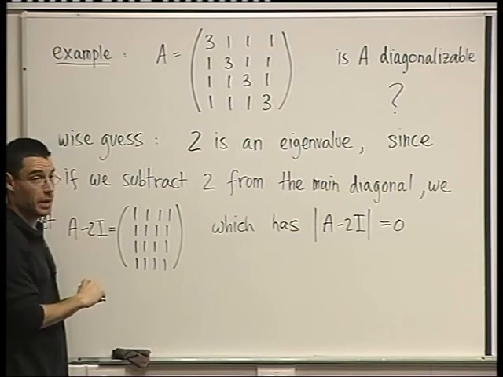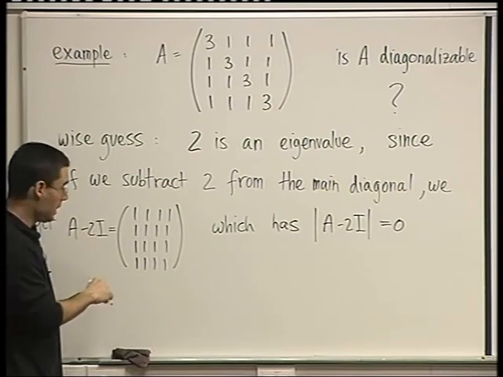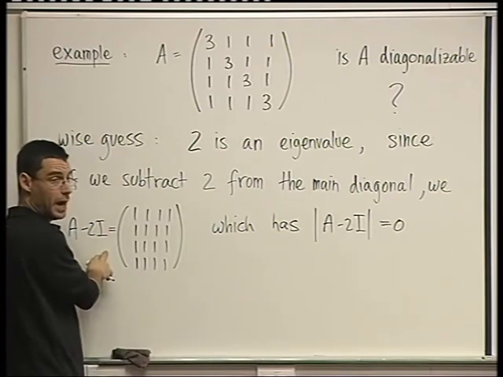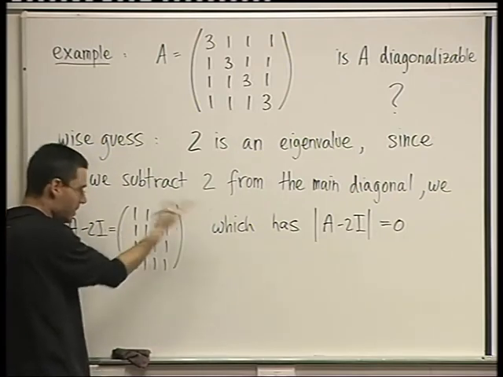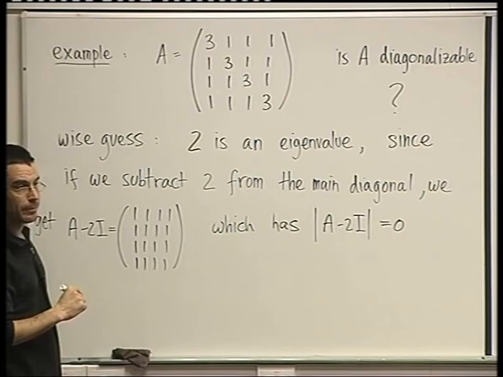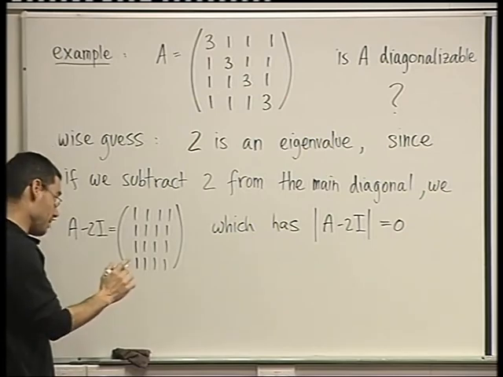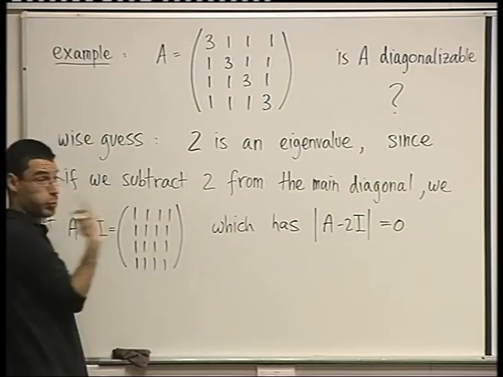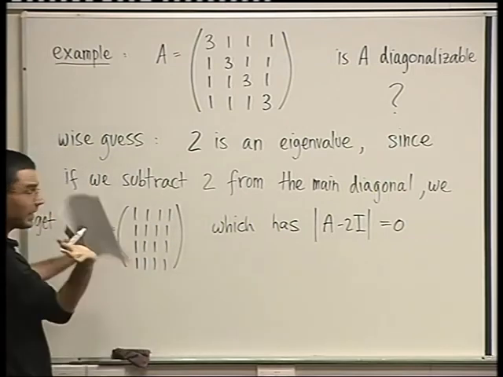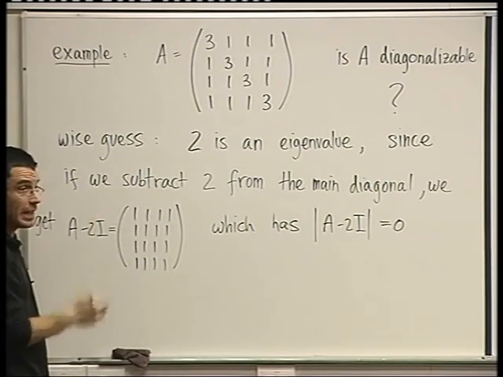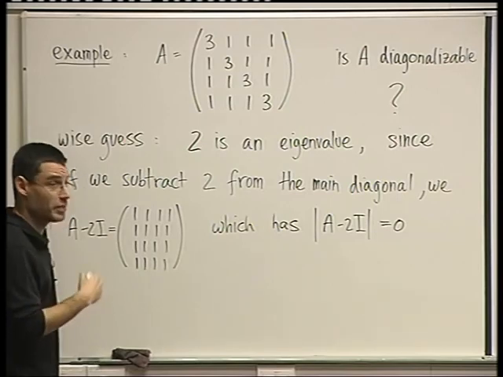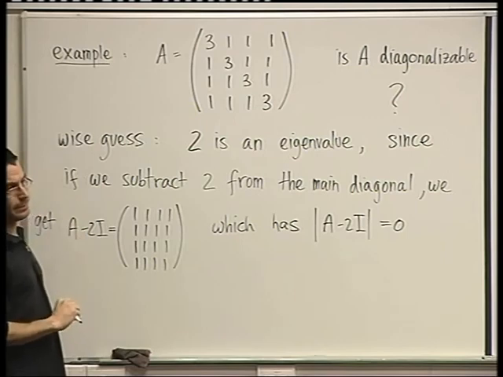How many solutions does the system A minus 2I times x equals 0 have? Infinitely many. But the rank of A minus 2I is 1. That's obvious. I'm not calculating anything, just looking at it. It has rank 1. Do you agree? Yeah. Therefore, the dimension of the null space is 3.